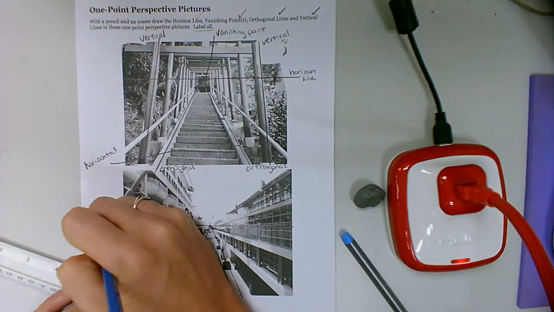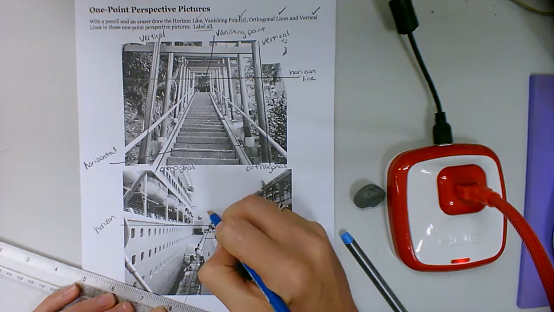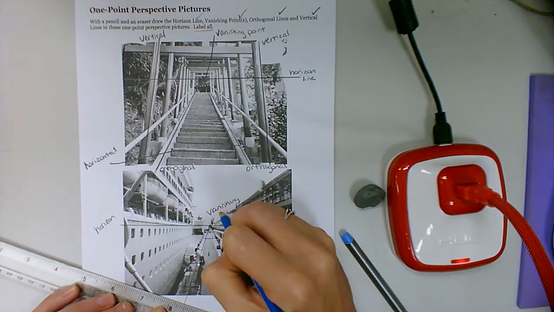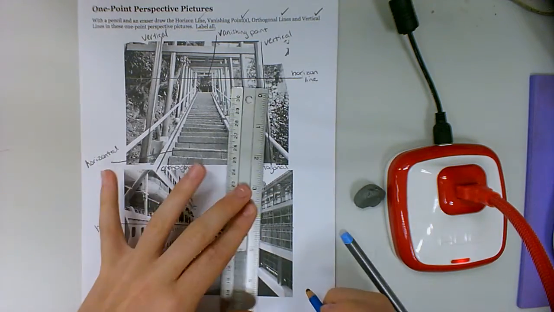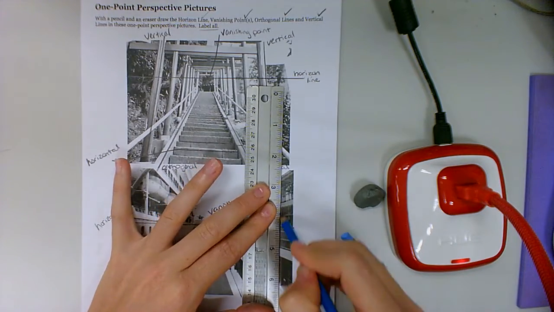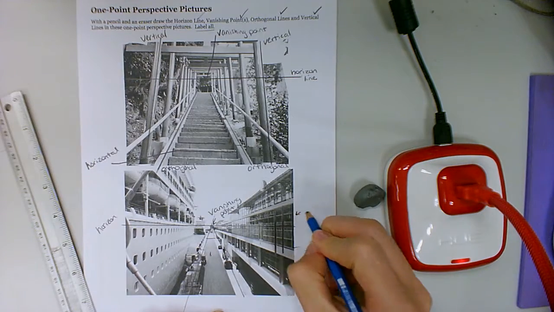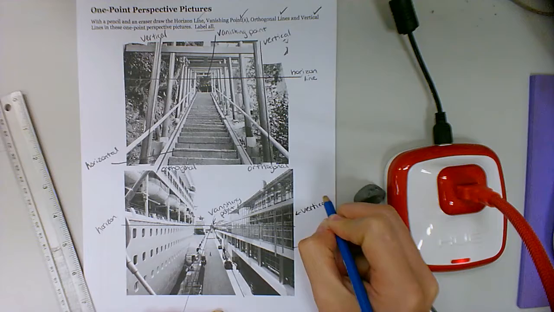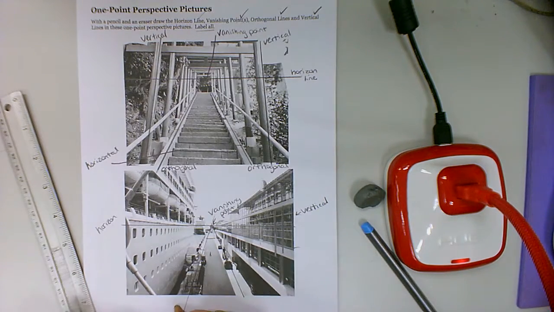So horizon, vanishing, vertical lines. I'm going to do the windows because those are easy. Vertical. And then vanishing. Orthogonal lines I did not label yet, so I'll label those.